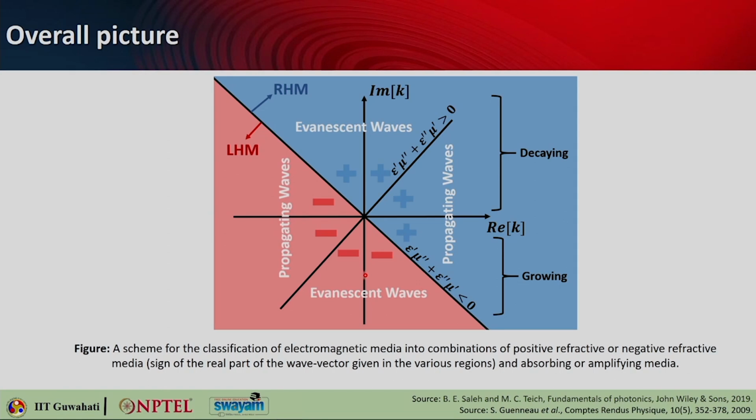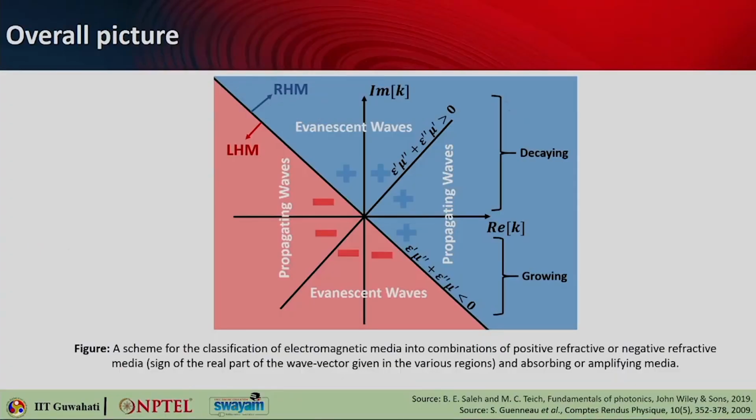If it is an evanescent wave in a normal medium, it will decay. Normal medium in the sense, if it is a DPS medium or a single negative medium, it will decay. But if it is an evanescent wave in a negative index material or double negative material, the evanescent waves will grow. Instead of decaying, they will grow.